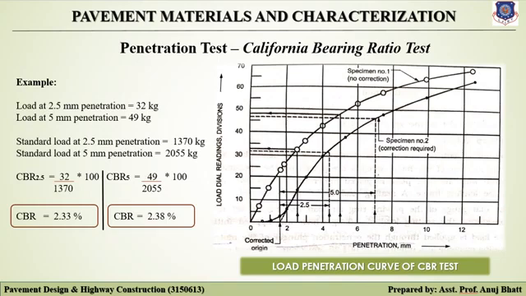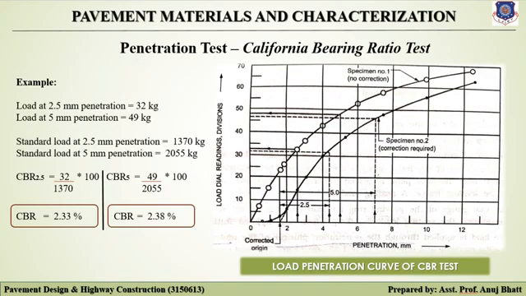So now the CBR value is calculated from the formula, as we have learned previously: the total load for that particular specimen divided by the standard load for the same penetration, multiplied by 100, and you will get the value of CBR.